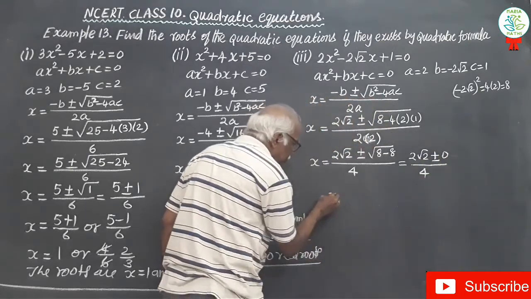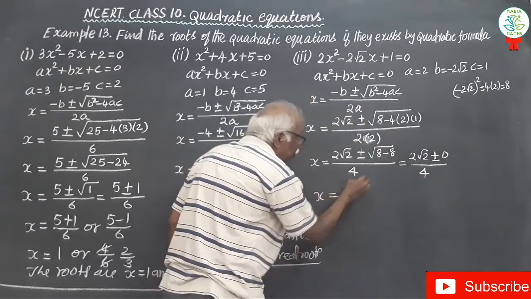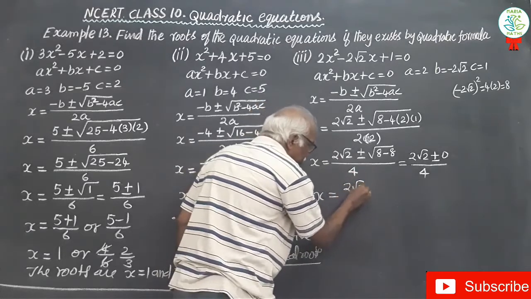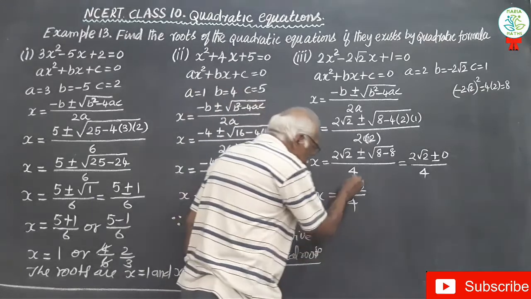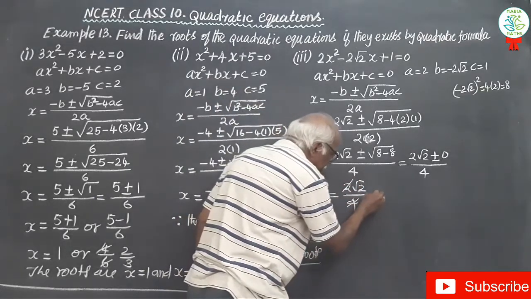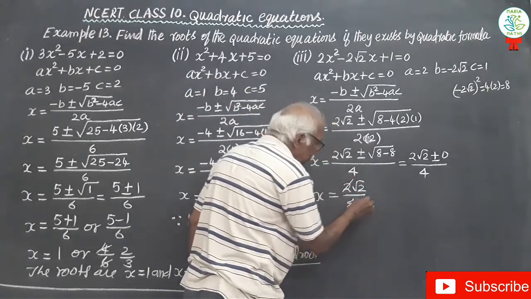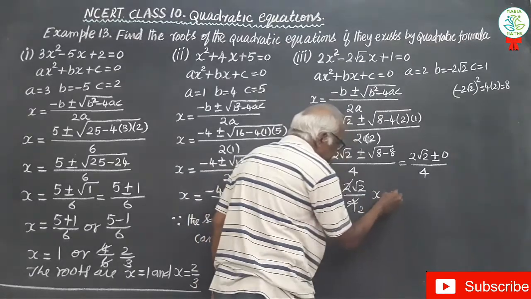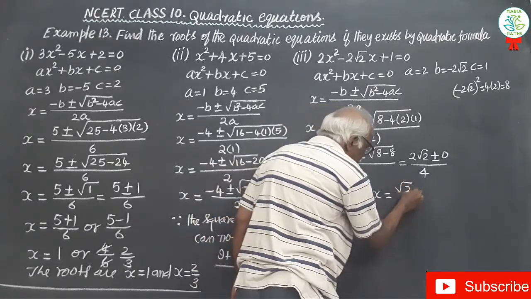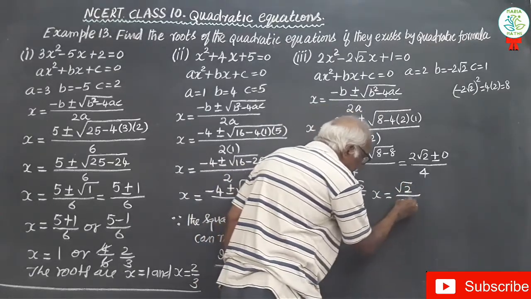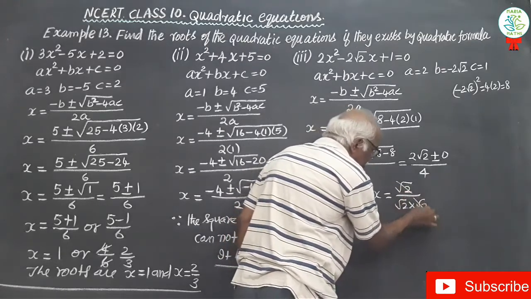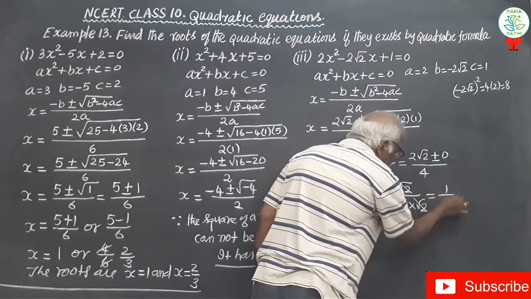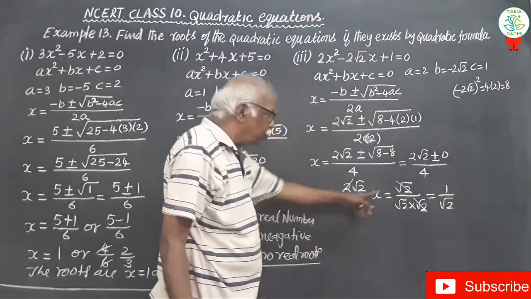So x is equal to 2 root 2 by 4. 2 root 2 by 4, x is equal to root 2 by 2. This 2 can be written as root 2 into root 2. So, root 2 cancels, and x is equal to 1 by root 2.